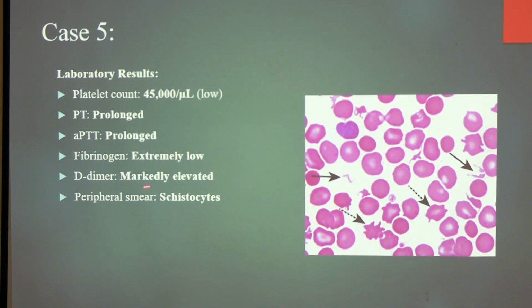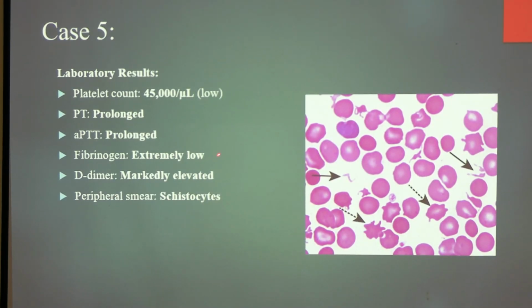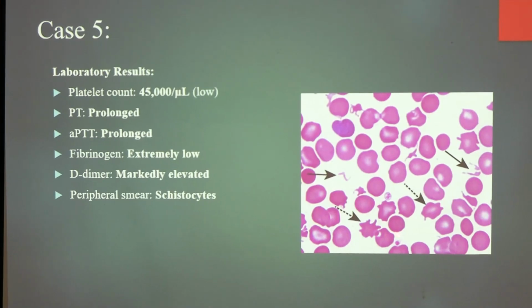And D dimer also relates to the clotting mechanism, so it is elevated here. And then the peripheral smear shows schistocytes. These are the normal RBCs, right, and the schistocytes are where the arrow is. You can see the shape is distorted. If you do a peripheral smear, you will see schistocytes.